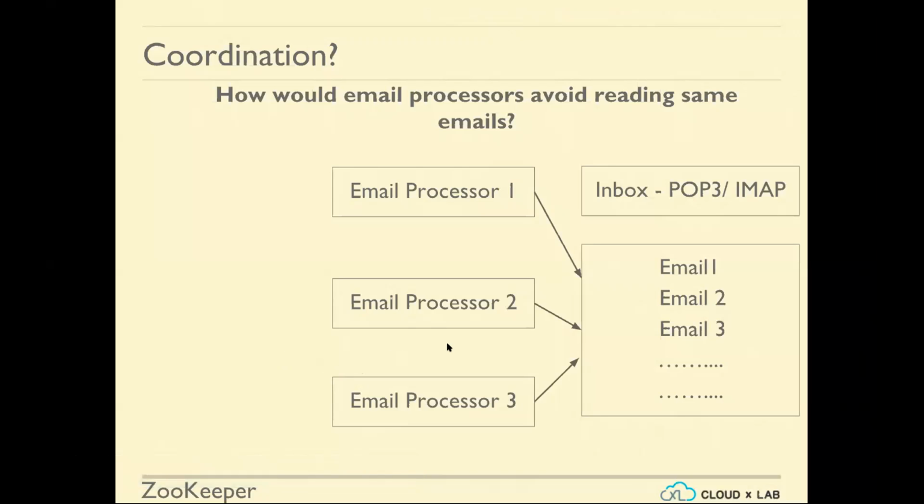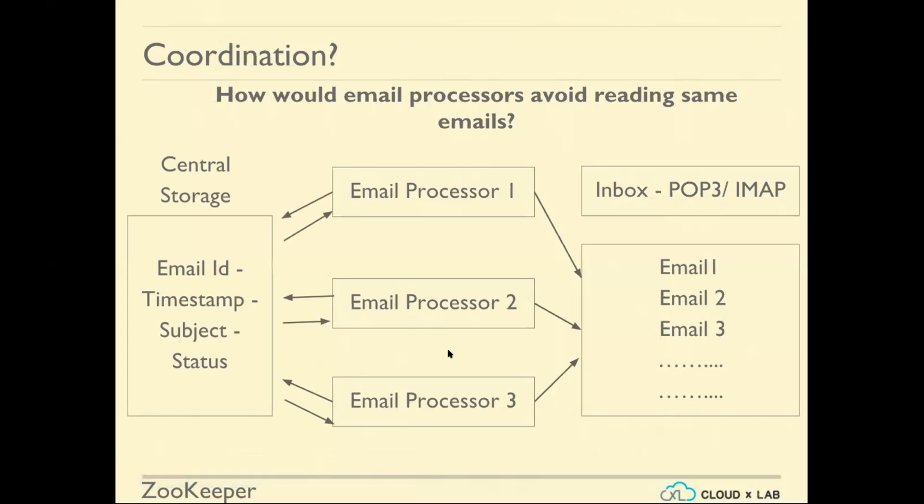So I'll tell you how we solved the problem. Basically, the key insight was that we can have the email ID somewhere. So what we did was we maintained another database at a central place, saying whatever emails are under process.